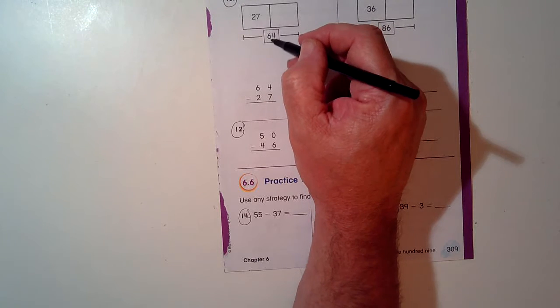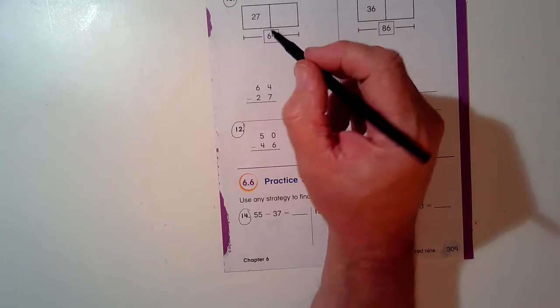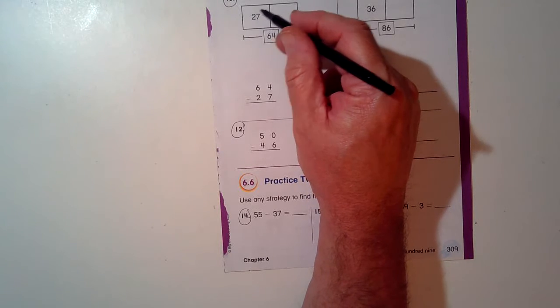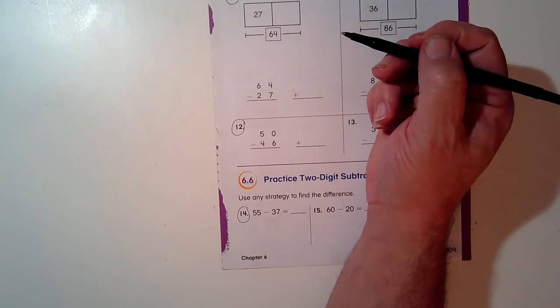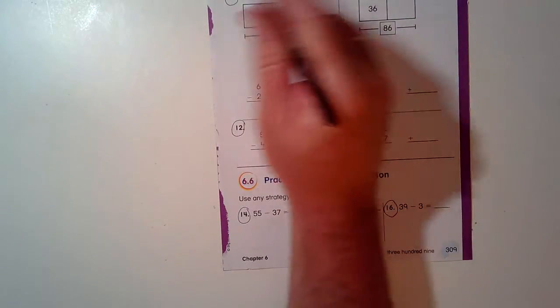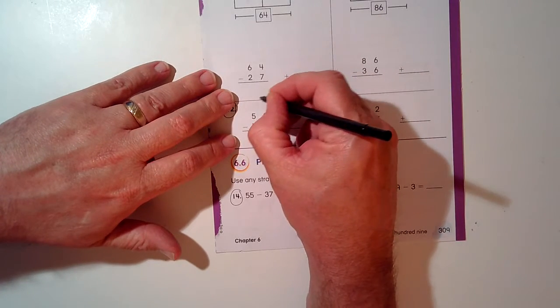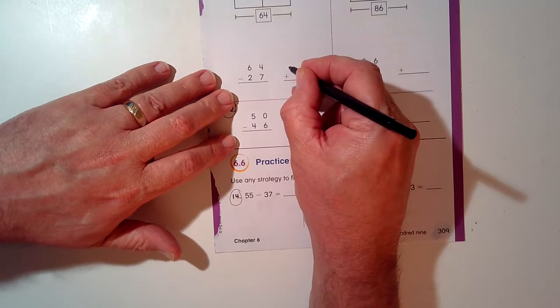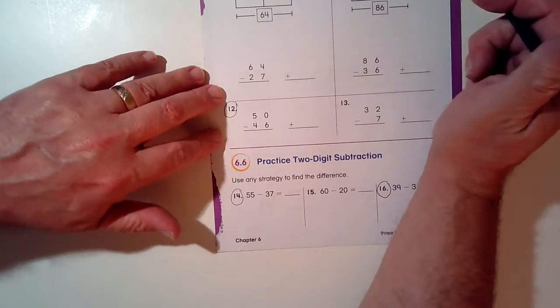And then we could say 64 minus this number will equal 27. But I can also say 27 plus what this number is going to equal 64. All right? So let's figure this problem out. And then we solve by taking this answer and putting it up here to solve an addition problem and check to see if our answer is correct.